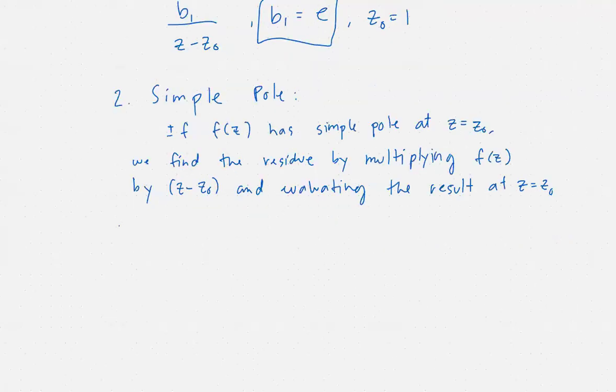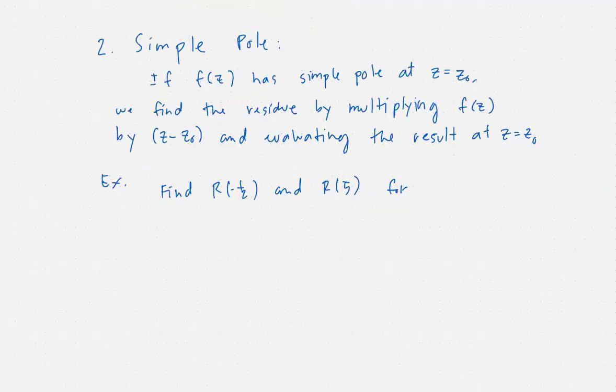All right, let's use an example. Find the residue at negative 1/2 and the residue at 5 for this function. So f of z is equal to z over 2z plus 1 times 5 minus z.